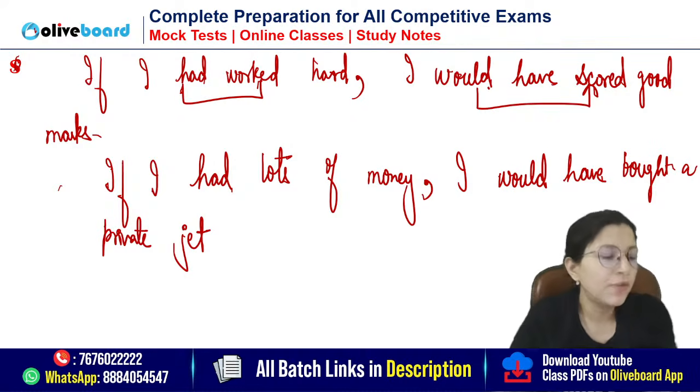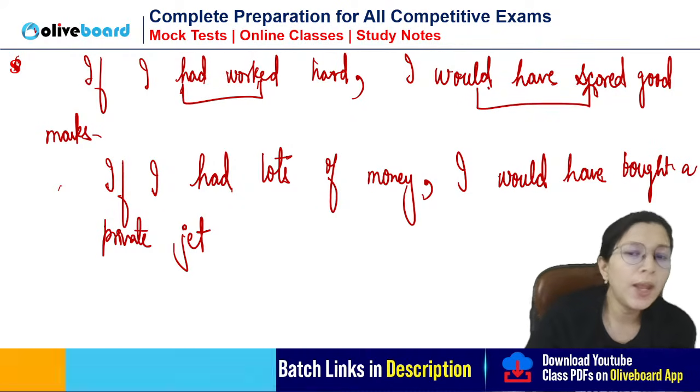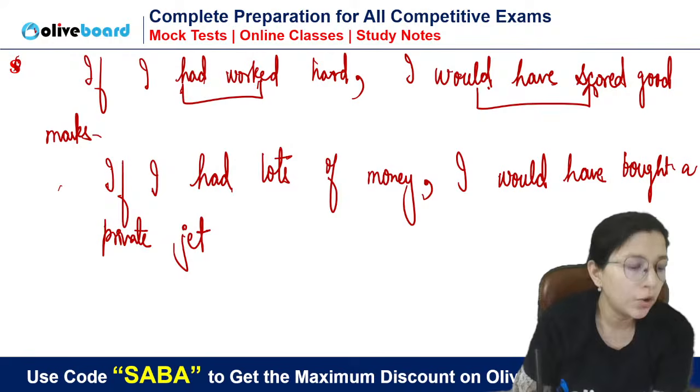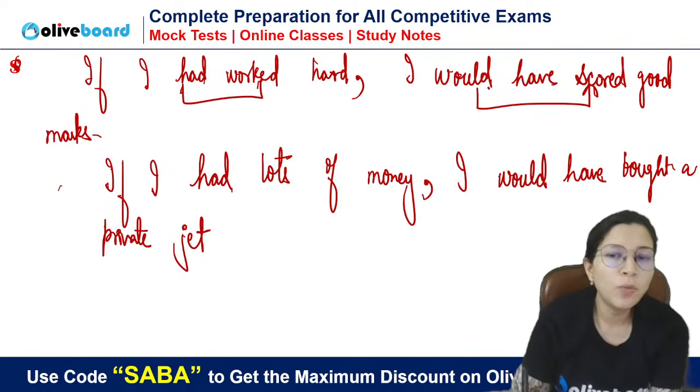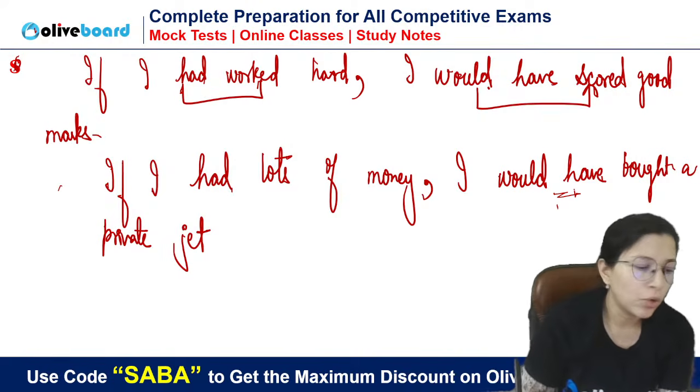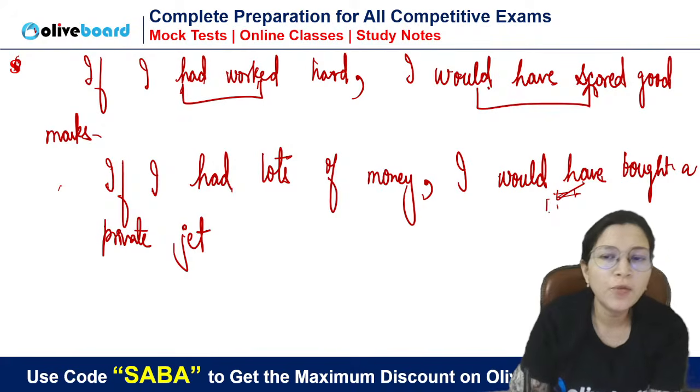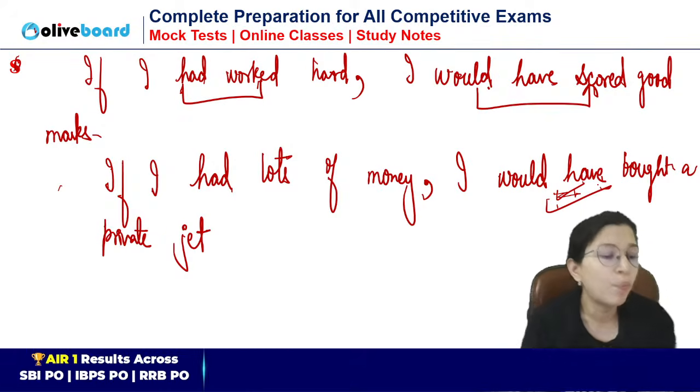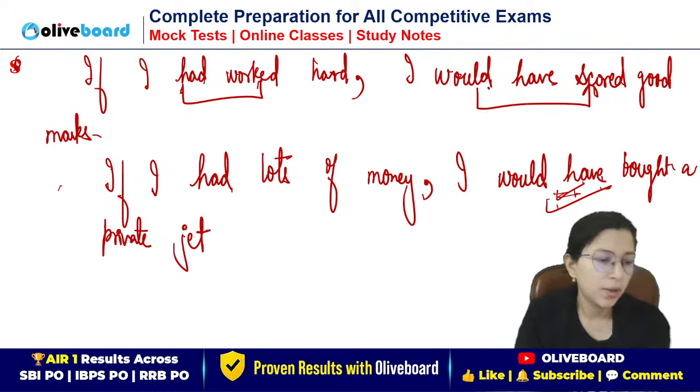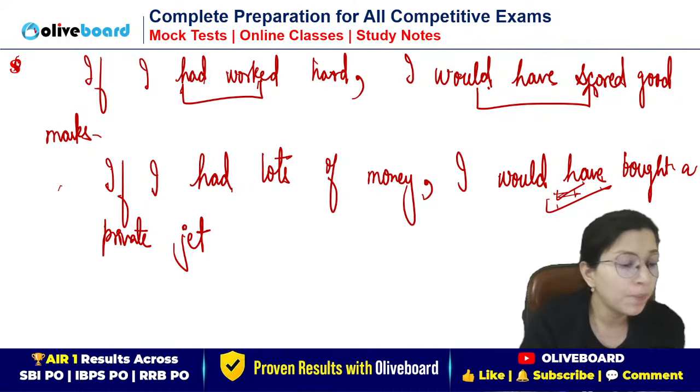See, in this case, there are two possibilities. A very good point I have got. You can change it into would buy also. But usually when you feel that would have plus V3 is there, we prefer to change the subordinate clause. Because I told you the rule also, na?